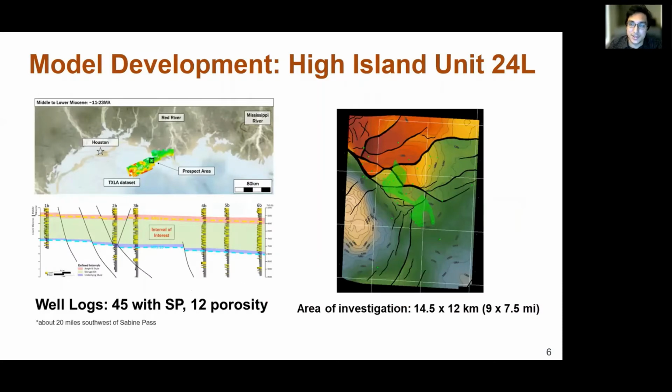So for the first case, as I mentioned, I'm going to be presenting some of our sensitivities at the High Island Unit 24L, which is located at the Gulf of Mexico here in Texas, just 20 miles southwest of Sabine Pass.